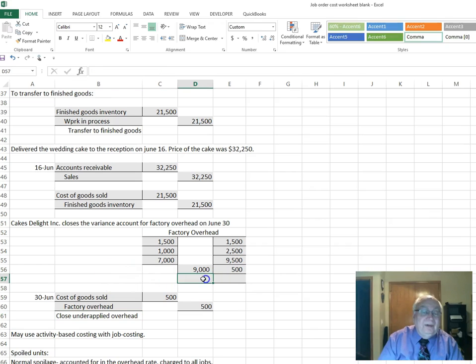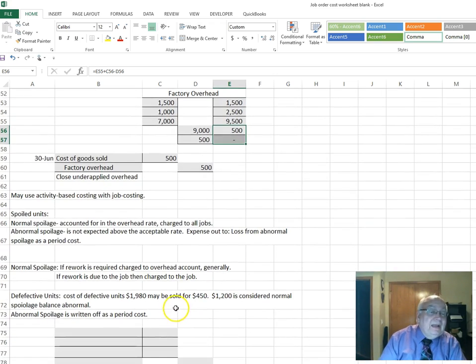So then if we put $500 here as a credit, and we bring this down because we want to subtract credits, that gives us our zero balance. So under-applied overhead increases the cost of goods sold, which reduces the profit.